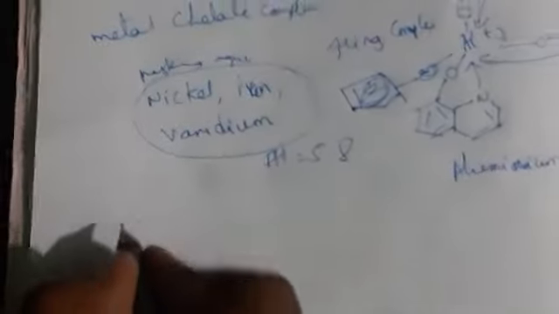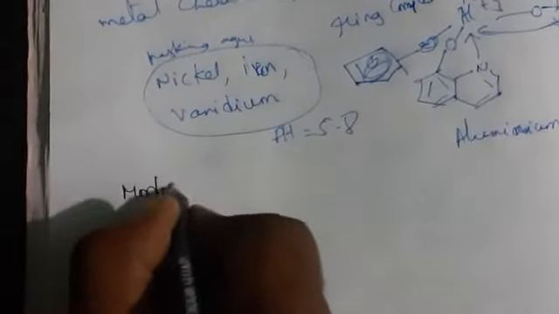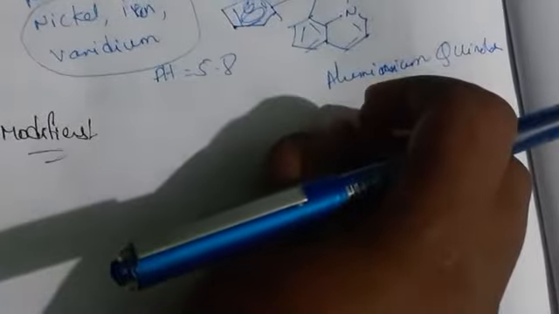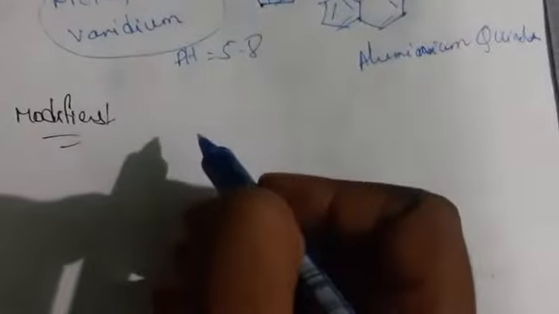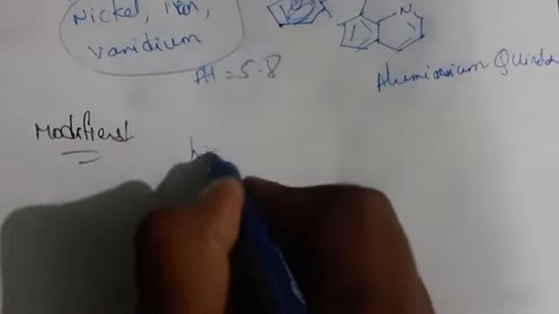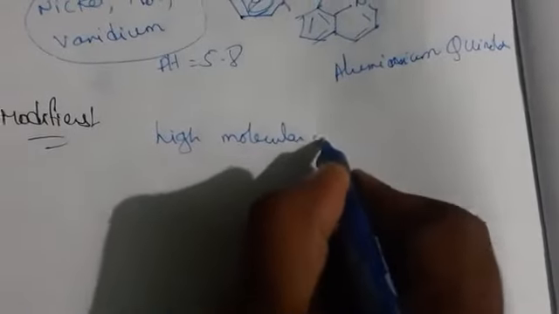These are the general factors, and one more factor we have is modifiers. Modifiers are added to the organic phase to increase the solubility. Those with high molecular weight we call modifiers.